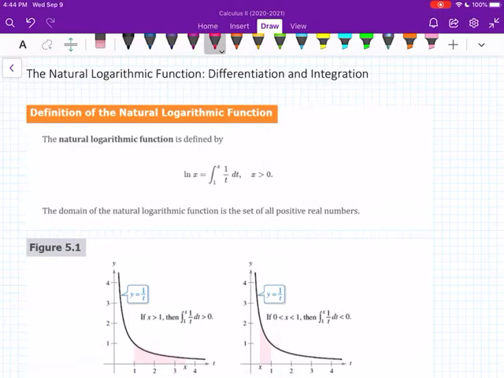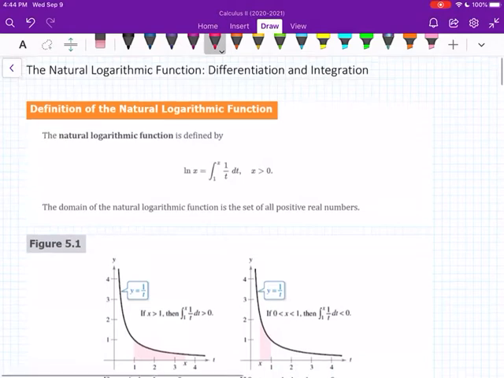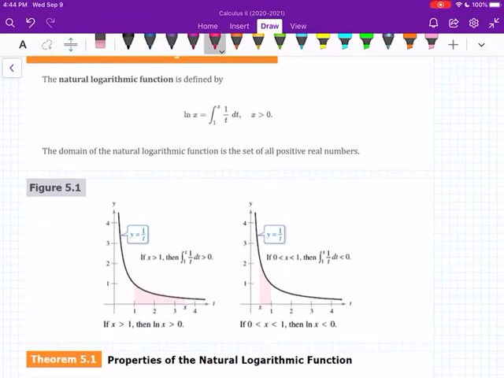All right, so the definition of the natural log function now is going to be using an integral. So the natural log of x is the integral from 1 to x of 1 over t dt with a domain of all positive real numbers. So now if we look at this and we say, okay, what about this x? What if x is greater than 1?